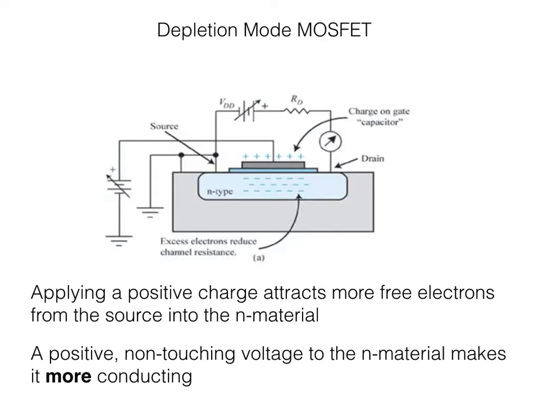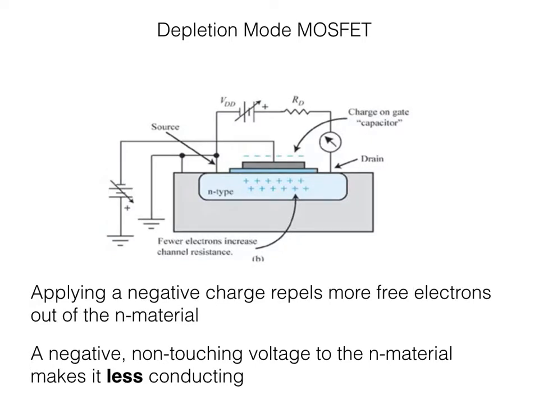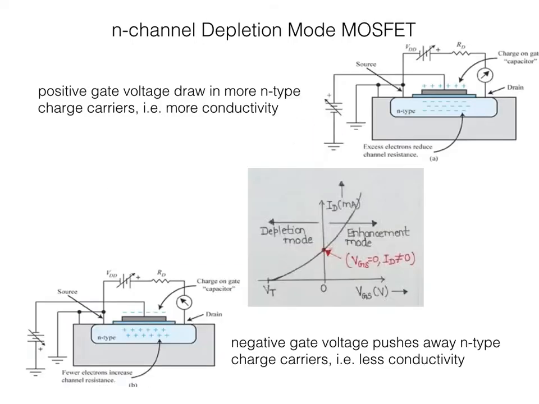So I'm enhancing the number of charge carriers, and therefore I'm making it more conducting. If I apply a negative electric field to the gate, then I'm pushing away the negative charge carriers in the N-type material. They're going to go out the source and the drain, and the density of negative charge carriers in the N channel is going to be fewer, and therefore it's going to be less conducting.